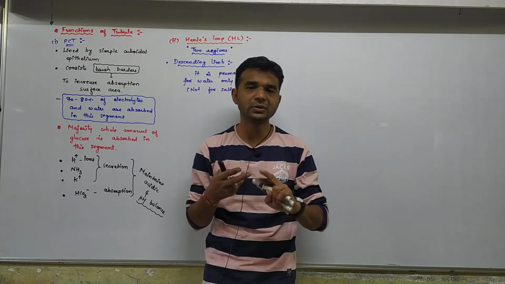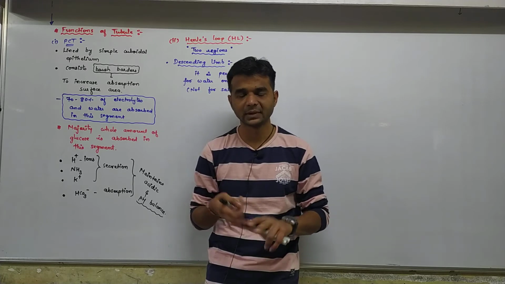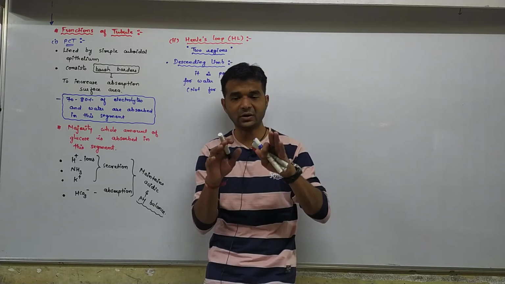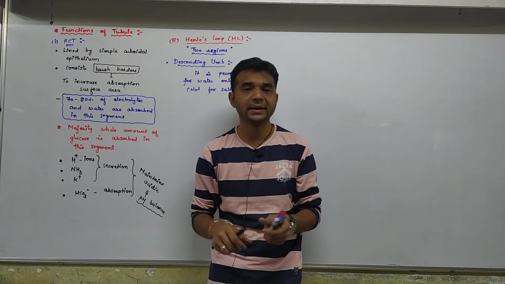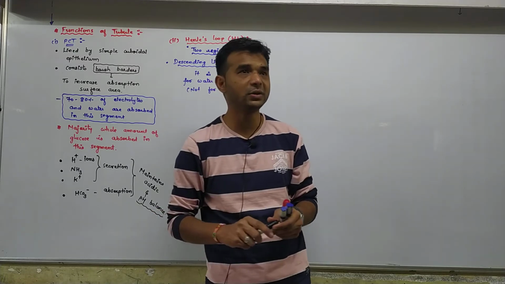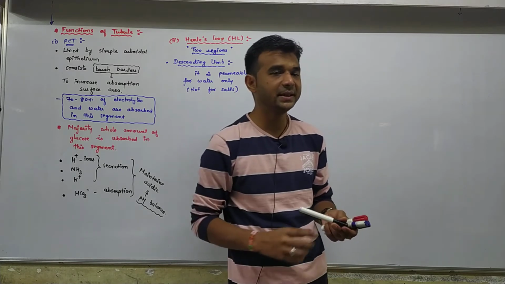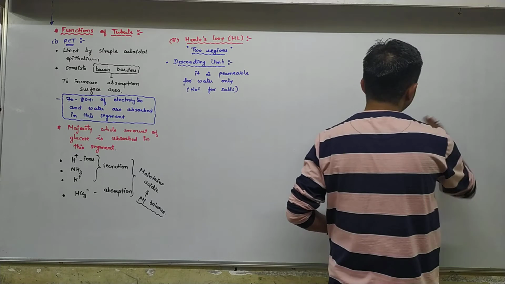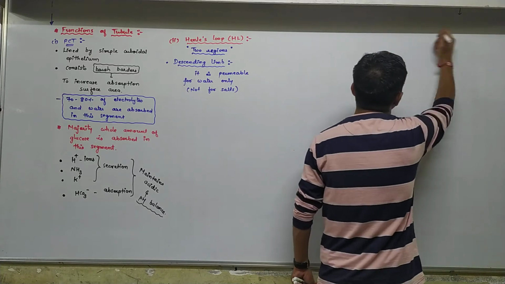So here two types of fluids are there. Inside the nephron, filtrate is there, and outside the nephron, interstitial fluid or medullary fluid, which is present in the kidney. Note that down in your mind in a proper way.